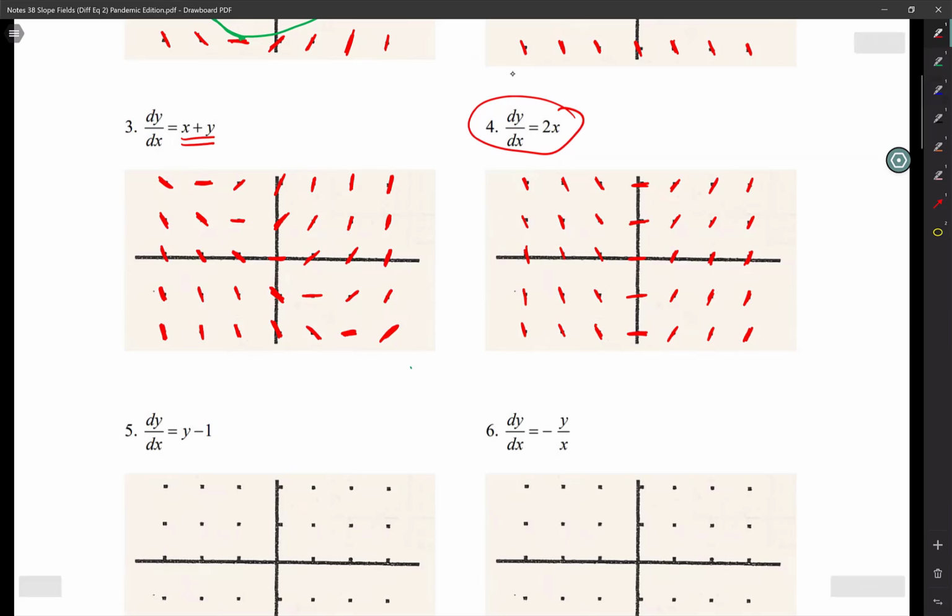If they were to tell you, draw a sketch, so here's a point, and sketch a graph going through that point, it looks something like this, and you just follow the slope field. Does that make sense? The slope field tells you what direction to go.